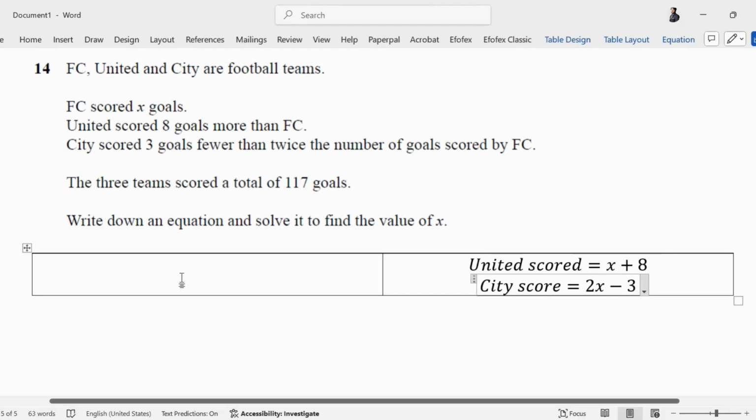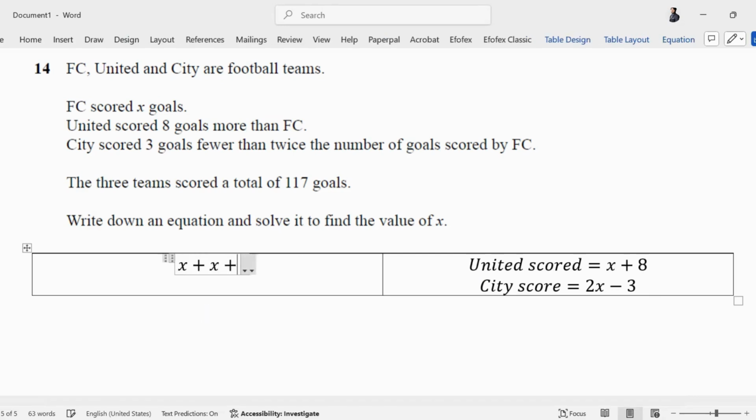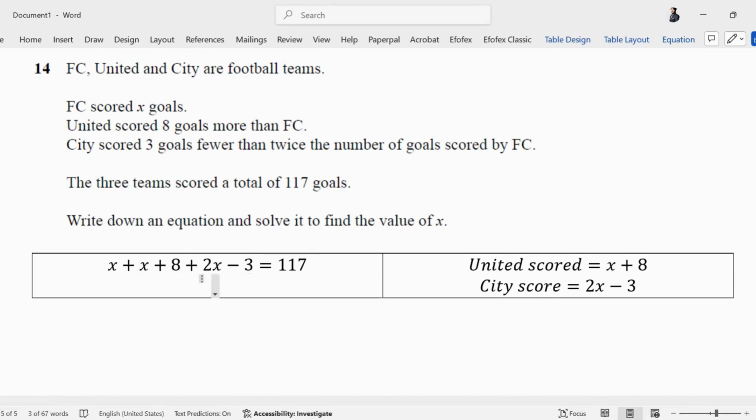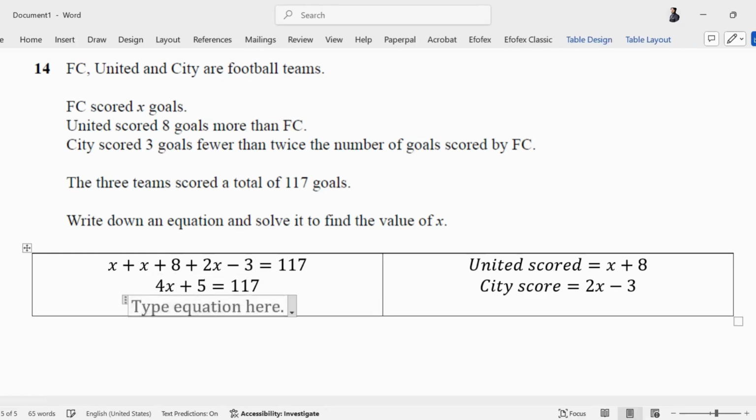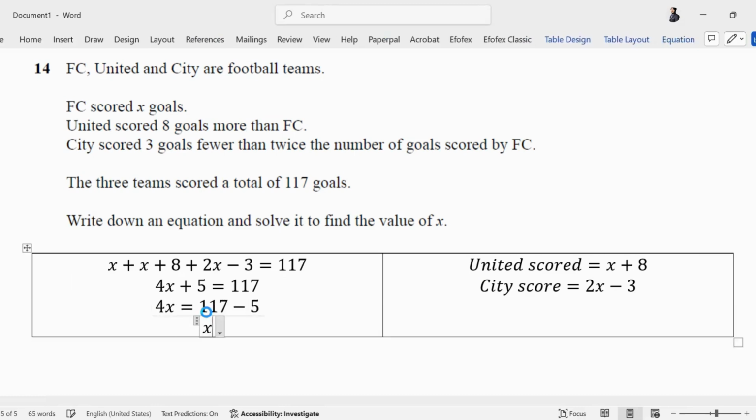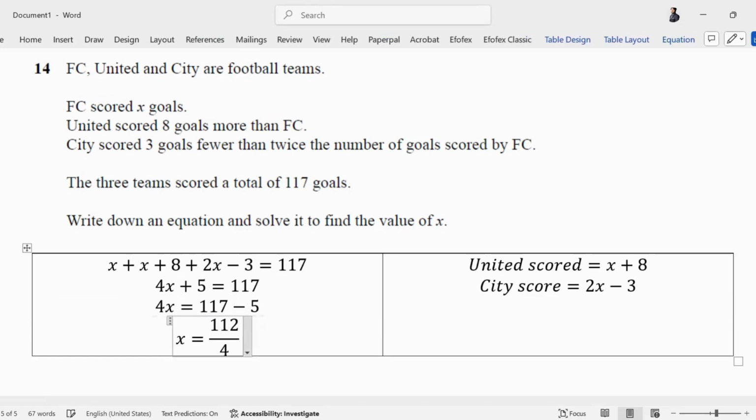The three teams scored a total of 117 goals. So X plus 8 plus 2X minus 3 is equal to 117. So adding all the X parts, 4X plus 5 is 117. 4X is 117 minus 5, and X is 112 upon 4.